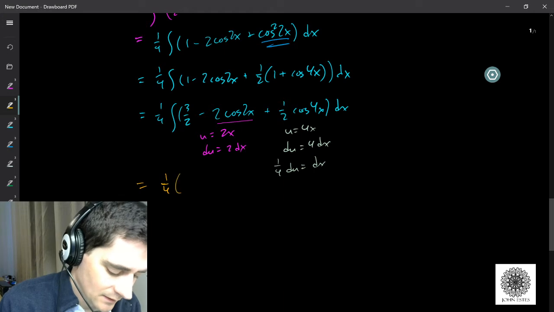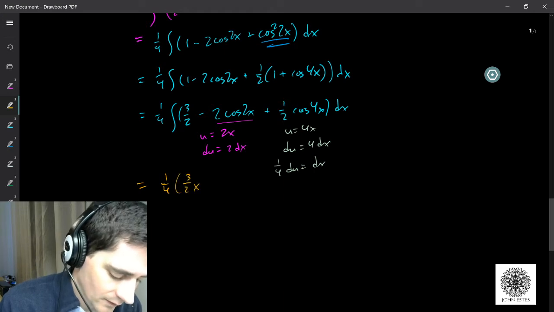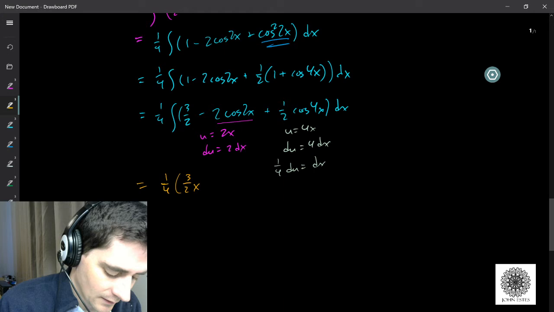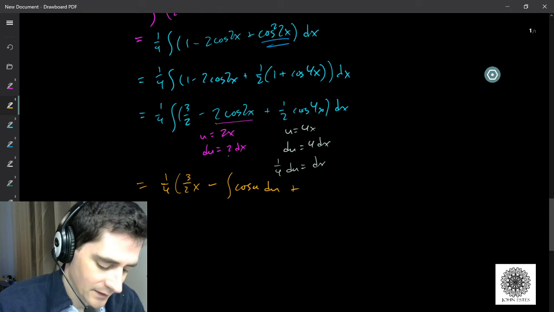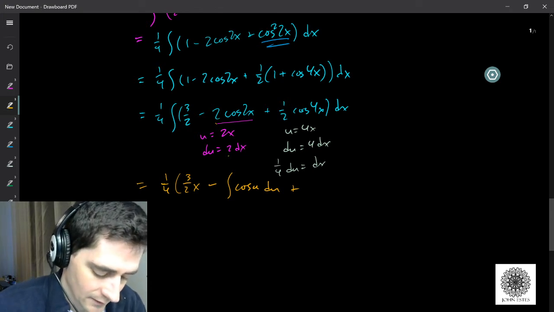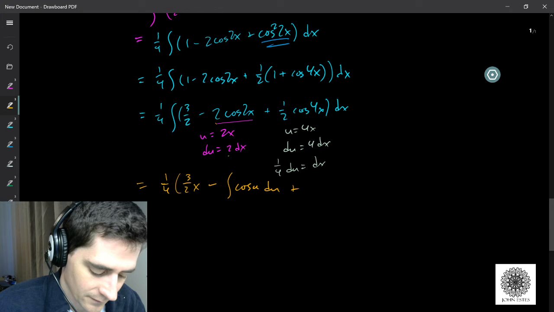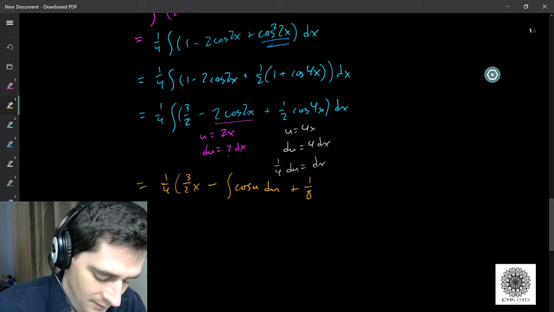The integral of 3/2 is just 3/2 x. Not a big deal. The integral now of, let me say minus the integral of, well, the 2x is there, the 2 dx is right here, so I just integrate cosine u du. Plus, on this side, we had the integral of cosine u, but then we needed to multiply in a fourth, so I have 1/8 integral of cosine u du.